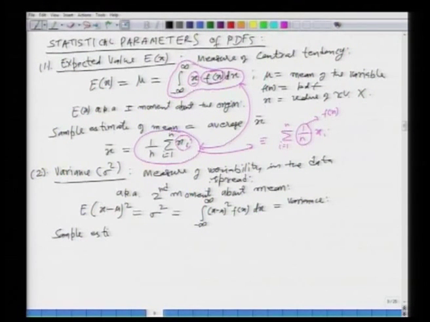The sample estimate of variance is denoted in terms of this variance denoted as S, and normally we take the standard deviation. What is standard deviation? It is nothing but square root of your variance, which is this. So, it is nothing but your S.